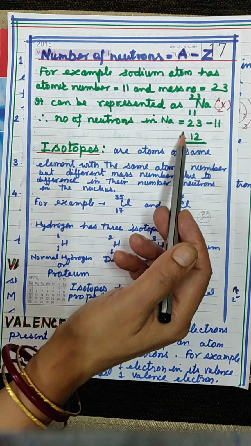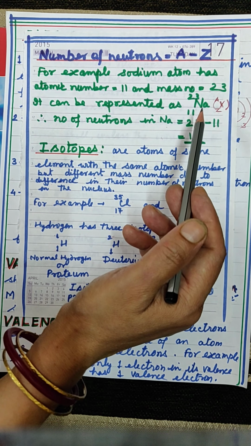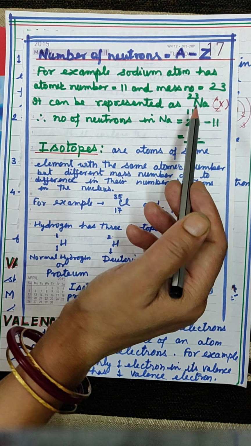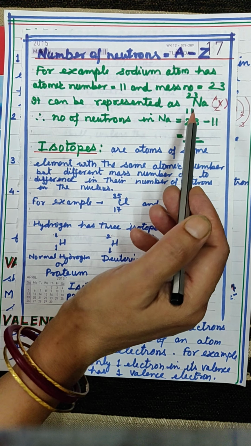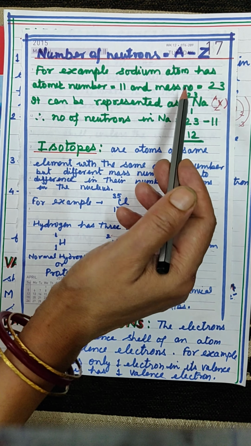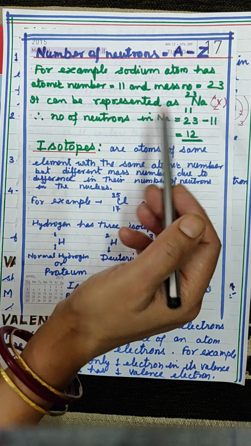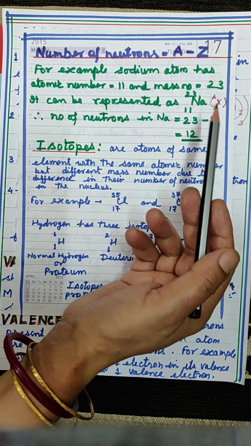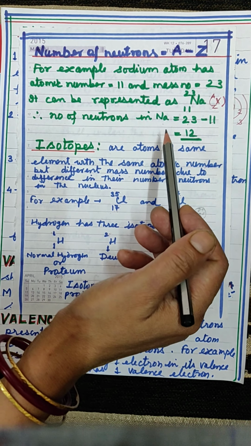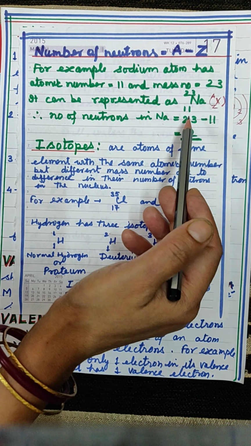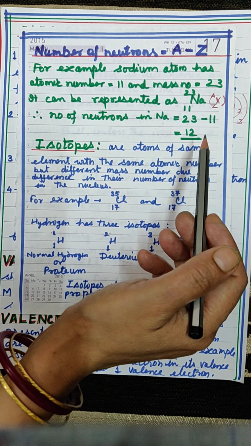For example, if sodium is represented as 11Na23, you know that the symbol of an element can be made more informative by writing its atomic number below as a subscript and its mass number above as a superscript. So if we write it like this, then we can learn a lot of properties of that element. Here as well, the number of neutrons can be calculated as 23 minus 11, that is mass number minus atomic number, equal to 12.